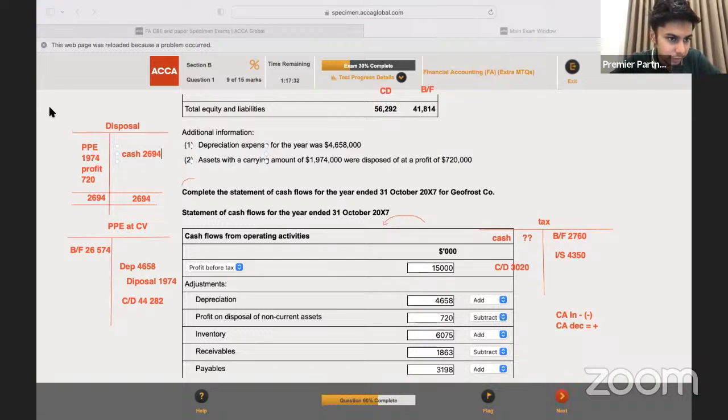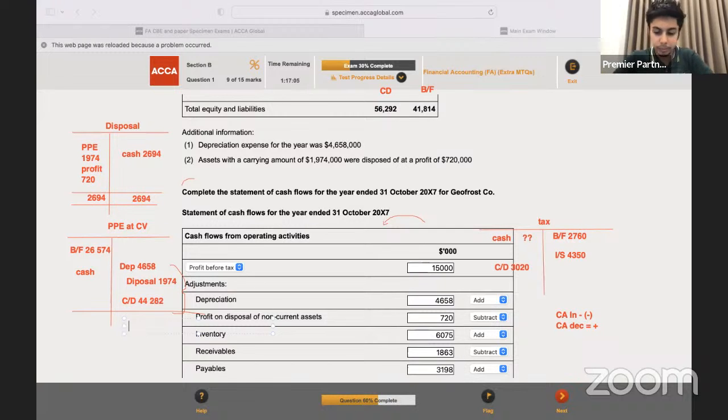Okay, now, guys, the PPE account also. So PPE account, guys, when you close, the answer will come on this side, cash. Okay. So how to find that answer, guys? First, you add these three and see. Once you add those, your answer will be 4658 plus 1974 plus 44282.